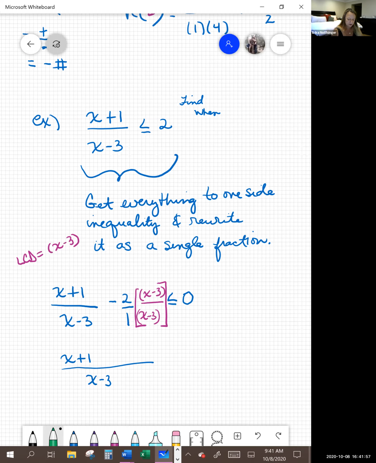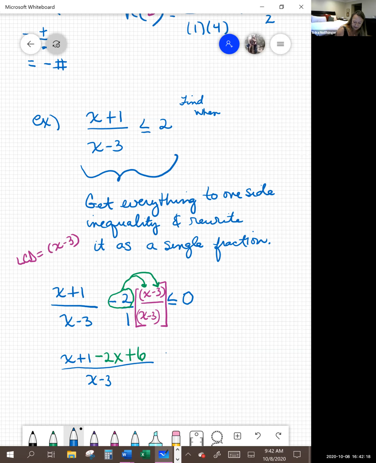Let's distribute. Make sure if there's a minus in front of your number that you distribute that minus. So you have a negative 2 times x, or a minus 2x, and a negative 2 times a negative 3 is plus 6.